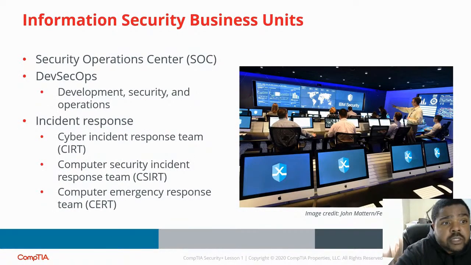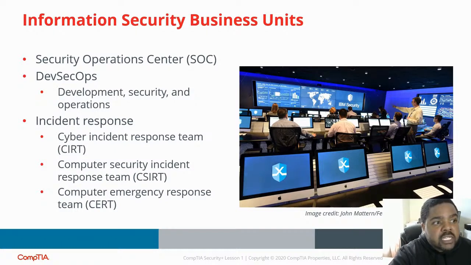In some cases, your business may not be able to have a full department dedicated to just information security. Sometimes you may have a third party that you source out to and check in with when it comes to the security aspect of your business. Whenever you're seeing a center that's dedicated to information security, then 9 times out of 10 it's going to be called a SOC, Security Operations Center.